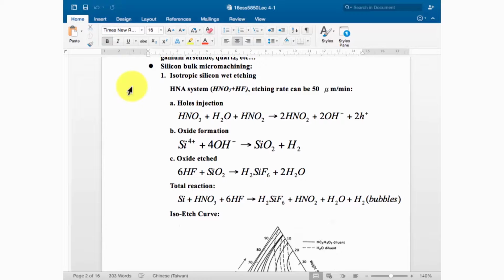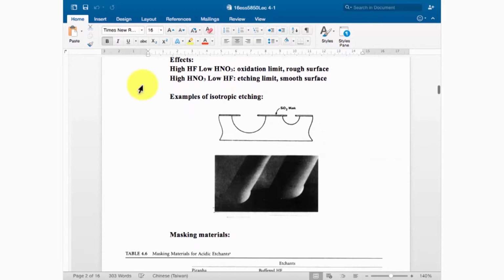So with isotropic silicon etching, it's easy to form the structure if you have punctured holes on the top, because the etching goes in all different directions with the same etching rate. If you puncture a hole on the top, you will form a hemispherical structure underneath. If you have a rectangular hole, you get a cylindrical structure underneath, because they go in all directions with the same etching rate.